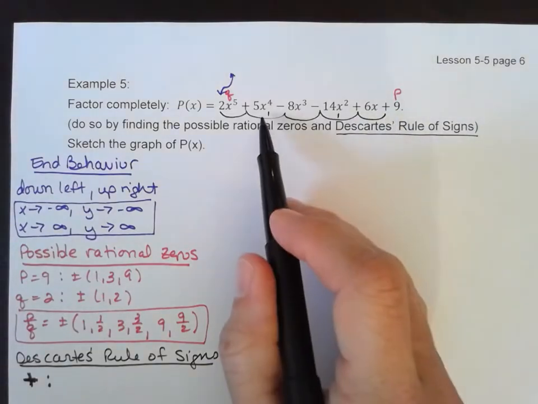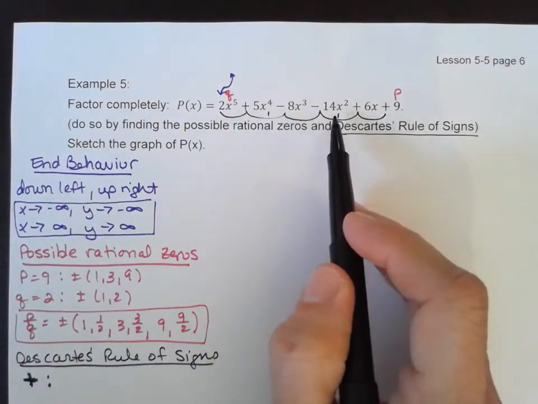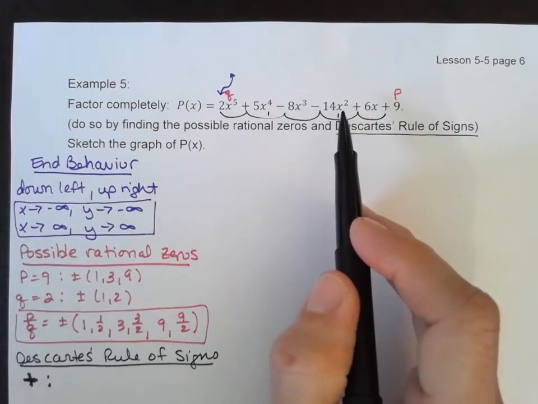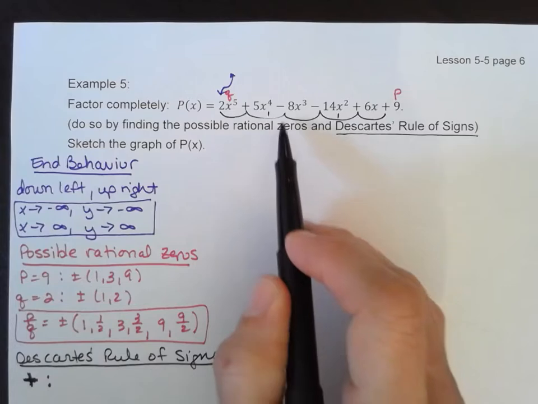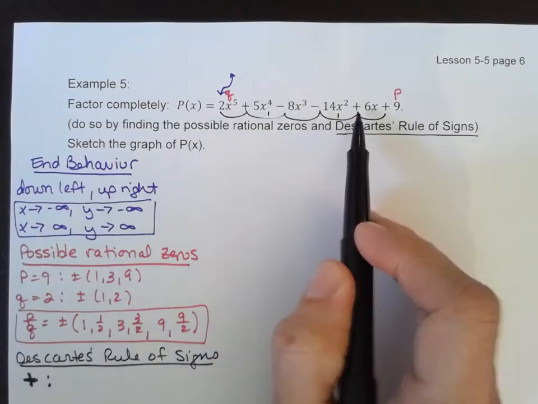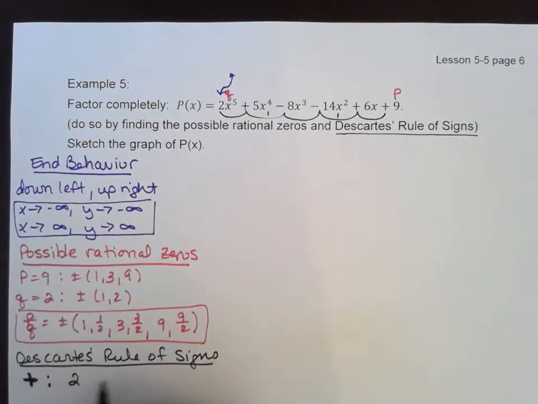So it looks like we could have two possible positive real zeros. I just want to double check. Okay. So we could have 2, but remember you have to reduce it by 2. So you could have 2 or you could have 0 possible positive real zeros.